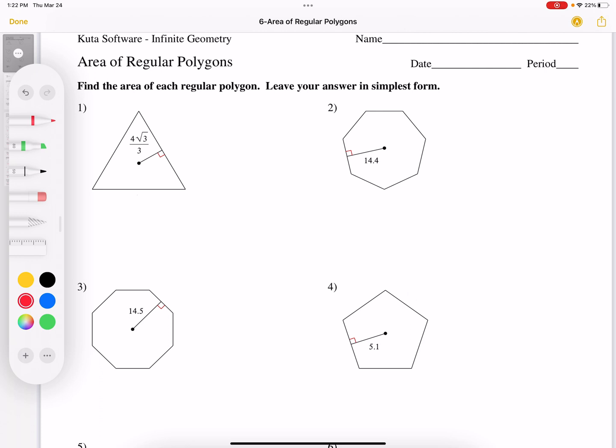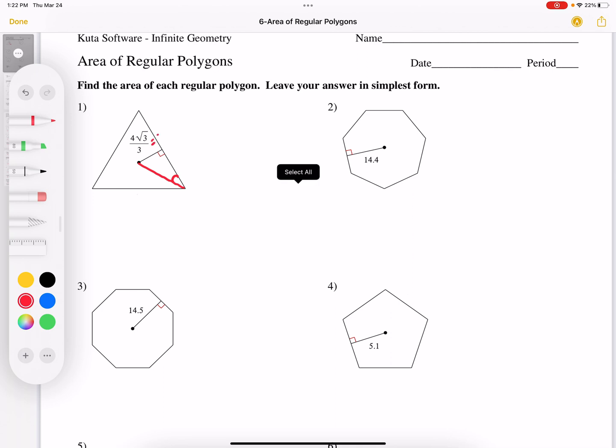All right, on this first one here, as always, we draw in our triangle. Remember, this angle is the 30, so this is L, and this is L square root of 3. So if I do 4 square root of 3 over 3 times the square root of 3, then all of that cancels.